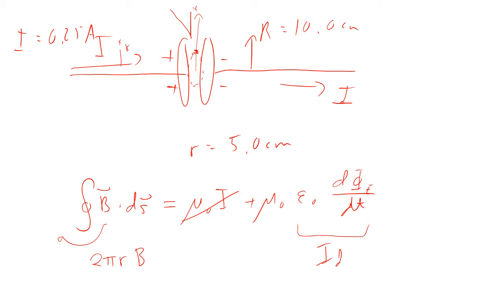So what we've got now is 2 pi r B equals mu naught epsilon naught times the rate of change of the electric flux.